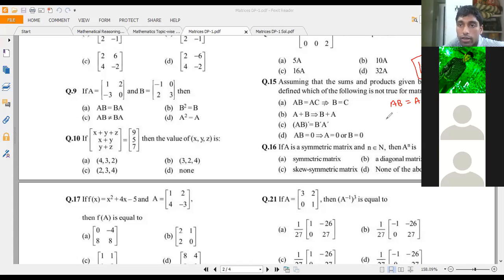That is actually right cancellation law. You multiply A inverse on the right side on both sides. Now because the product is associative, this becomes I and this also becomes I. And now it implies B equal to C. But in case where this is not mentioned, you cannot directly say this.